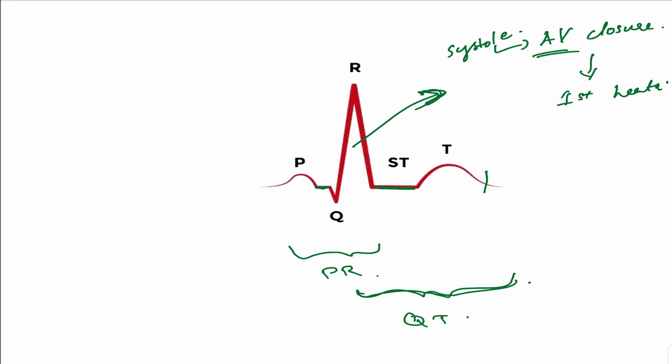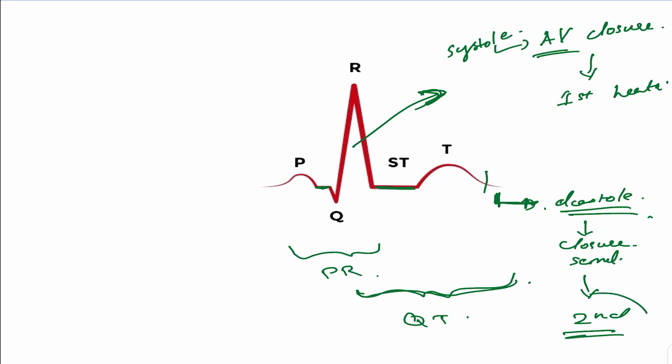And the second heart sound happens at the beginning of diastole, protodiastole, where there is a closure of the semilunar valve. So even if they ask you on ECG where the first heart sound and the second heart sound are, it is very simple.